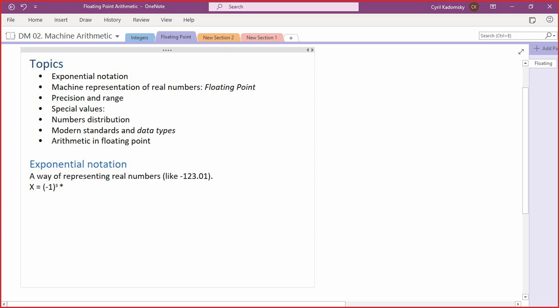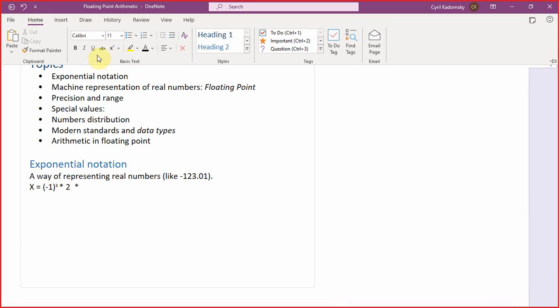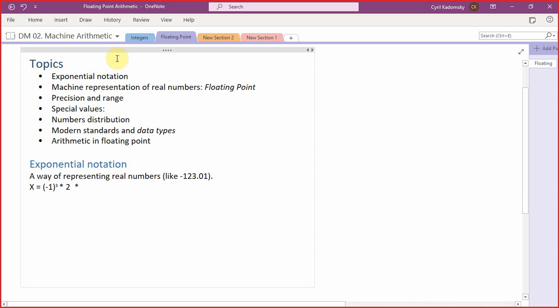Next part of our number, in which we have 2 power exponent, some number that we will call exponent, and the last part is often called fraction, or it has different names, but for now let's call it fraction.